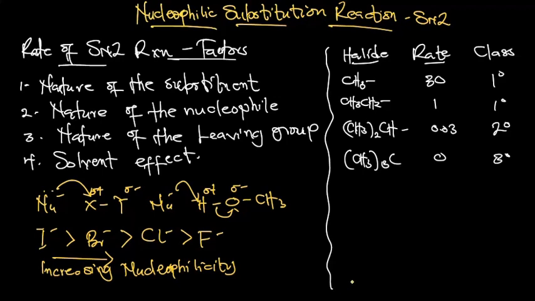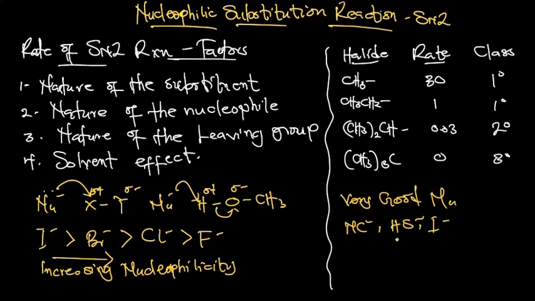Now, some examples of very good nucleophiles: we can talk of cyanide, NC minus. We can also talk of sulfide or thiolate, HS minus. And we can also talk of iodide, I minus.